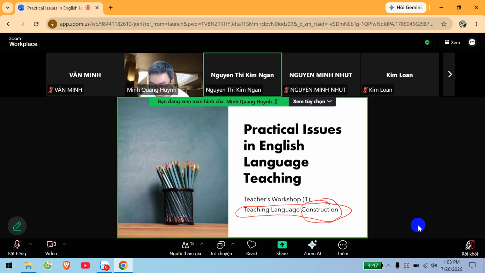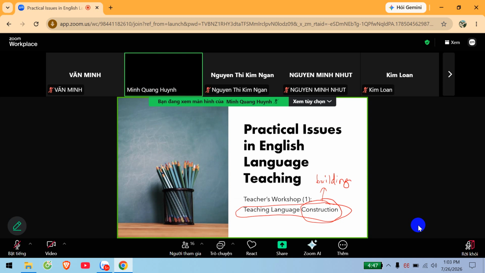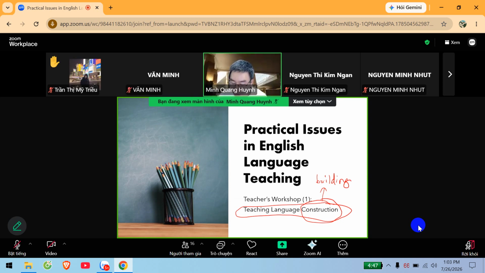I think it's to build something. Yes, okay. Construction comes from the verb to construct, and to construct means to build. So construction means the act of building something. What does it mean to build?